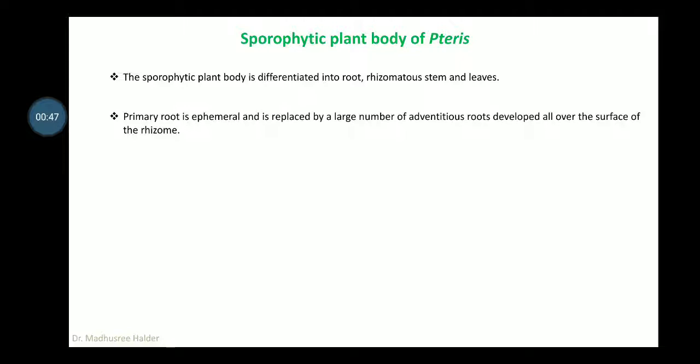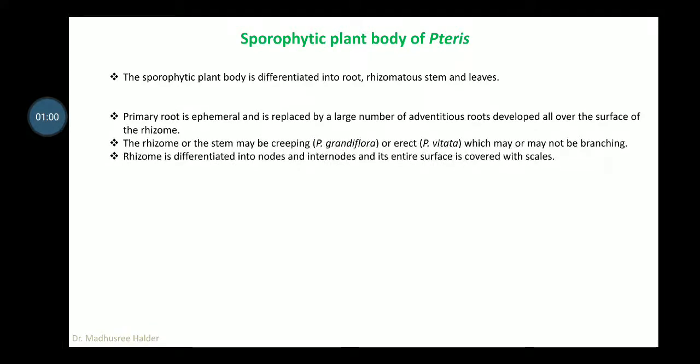That is, the primary roots degrade after some time and adventitious roots are developed from the surface of the rhizome or stem. The rhizome or the stem may be creeping in case of Pteris grandiflora or erect in case of Pteris vittata, which may or may not be branched.